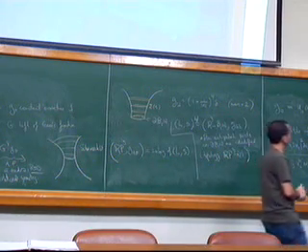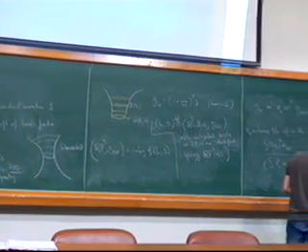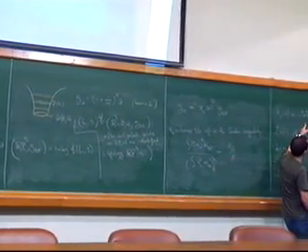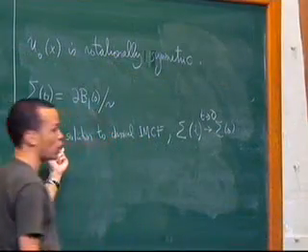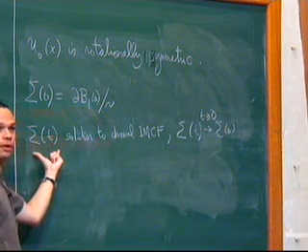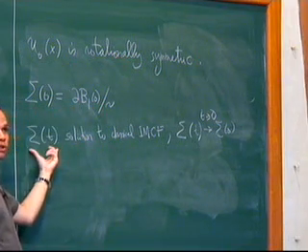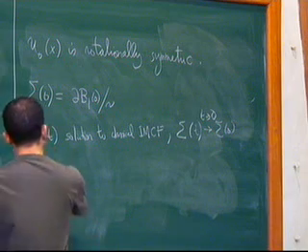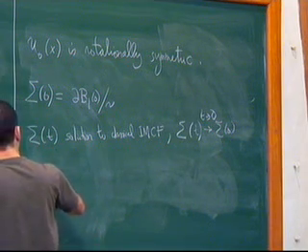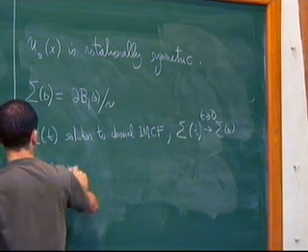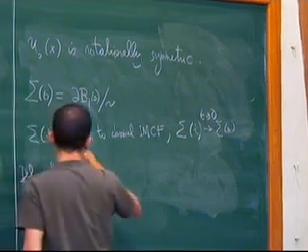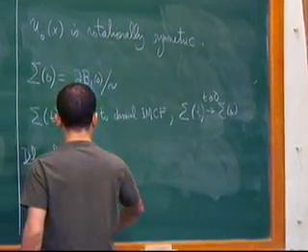Okay, and now the point is that the function U naught, since it is rotationally symmetric, actually is a constant on the sigma of t, right? So you define f of t to be, let's see if I get it right.